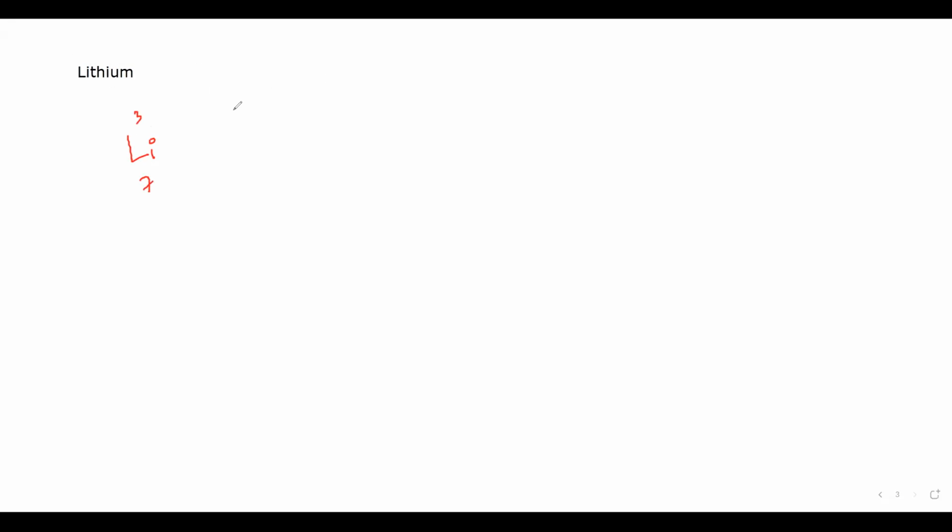So the nucleon number or atomic mass, or we can say A, is equal to 7. And the atomic number, Z, is 3, that's right.